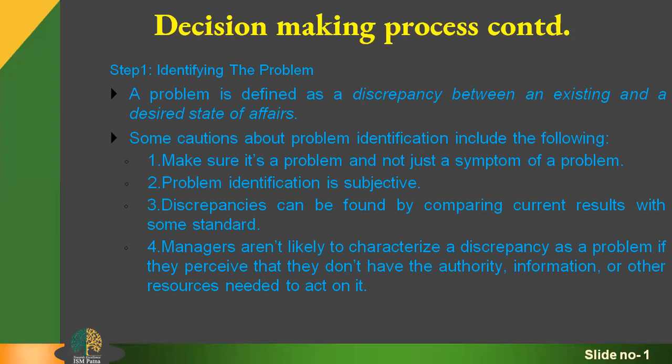And if such a discrepancy is observed or reported in any process or sub-process of the business, then this will be identified as a problem. Okay, I hope it is clear. And now see the second citation.